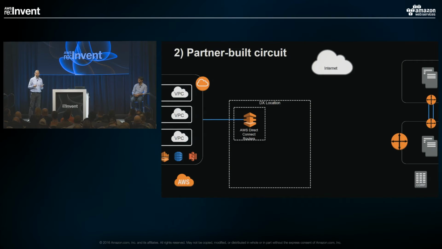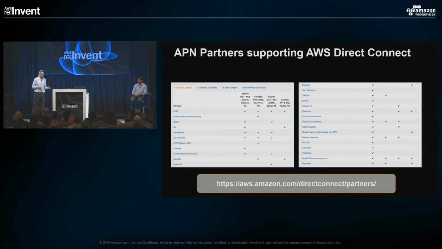We have a list of APN partners supporting Direct Connect that is available online. These are partners that are well-versed in building out circuits into some or all of the Direct Connect locations. If you're already working with network providers, even if they're not on these lists, ask them if they're able to build you such a circuit into the Direct Connect location of your choice.